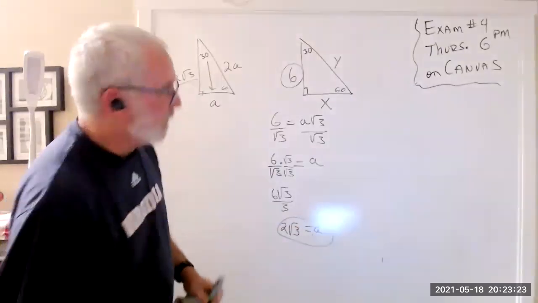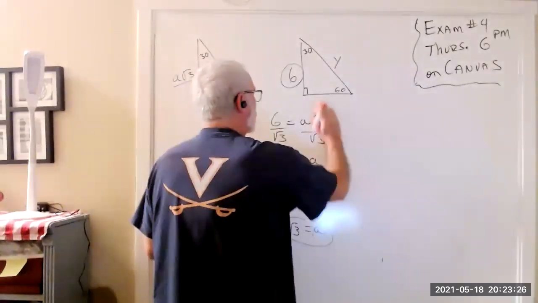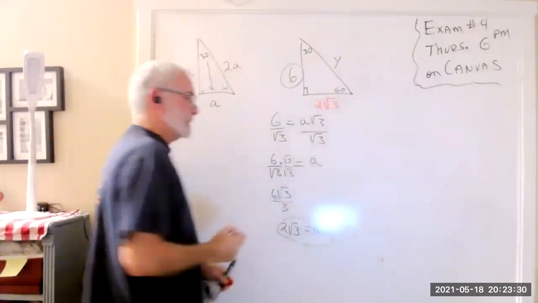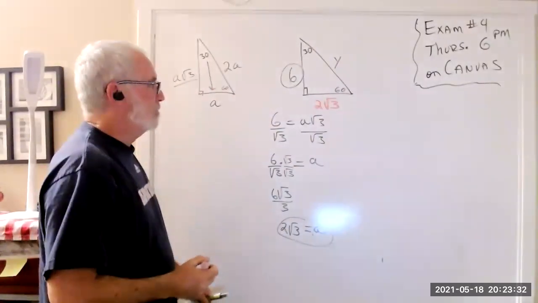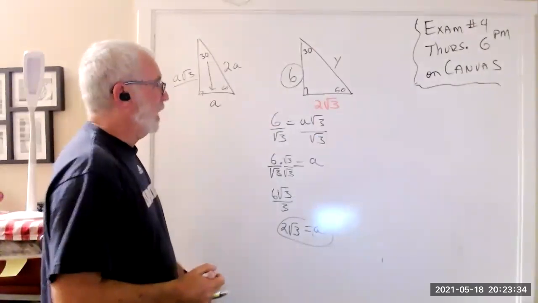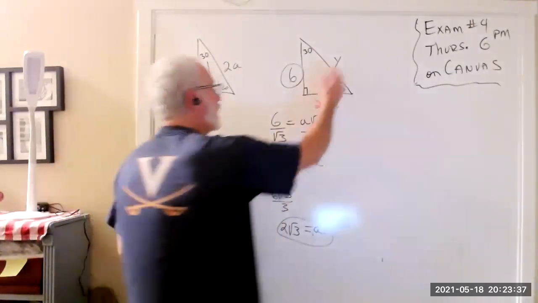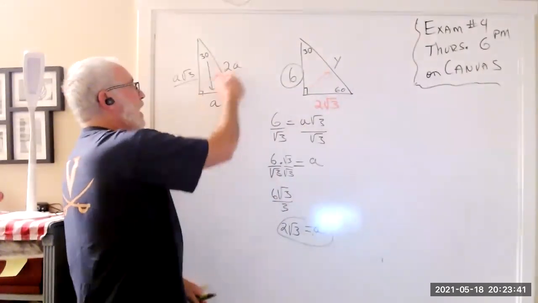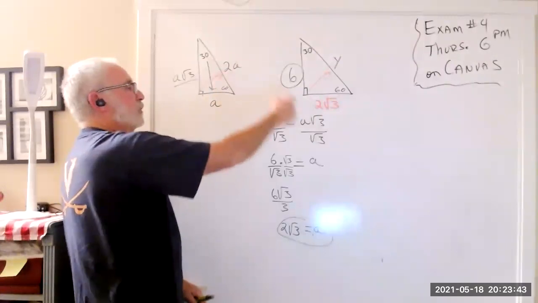So after all that work, this side was 2 radical 3. The y is the hypotenuse side. It's 2A, so it's 2 times this.